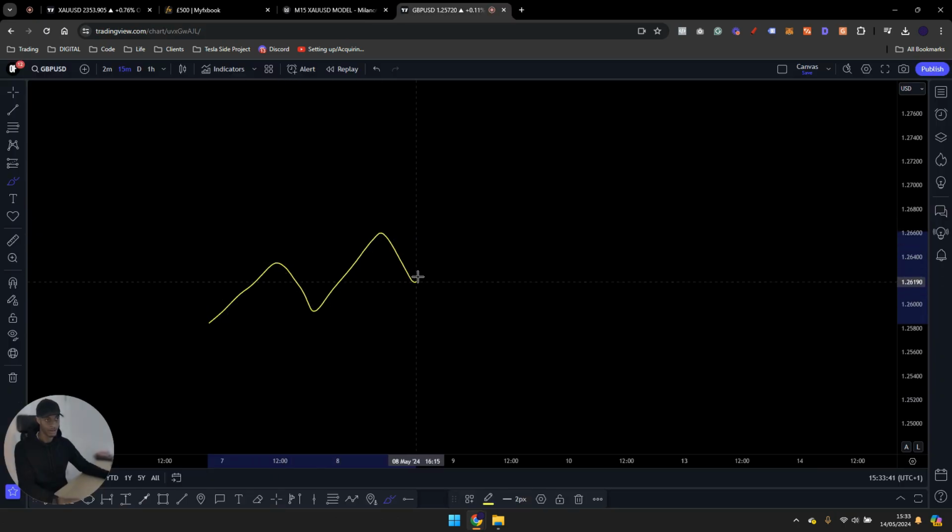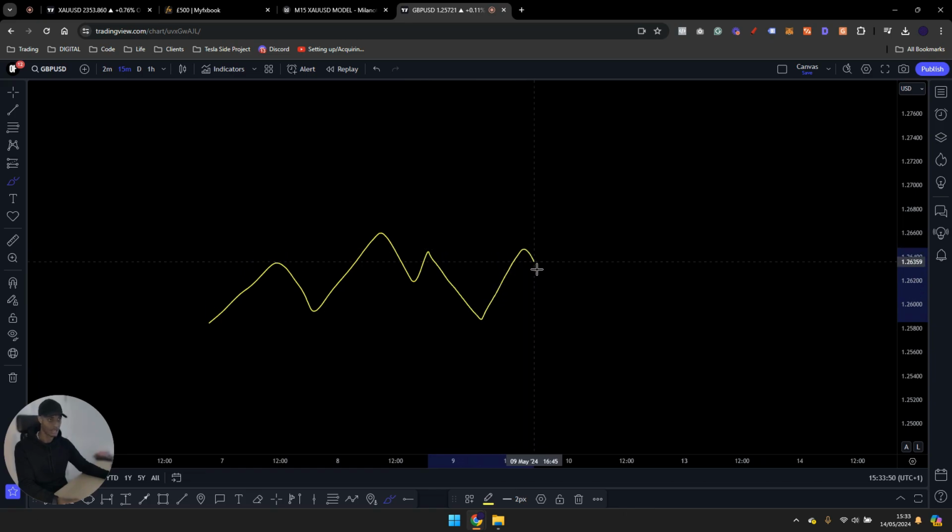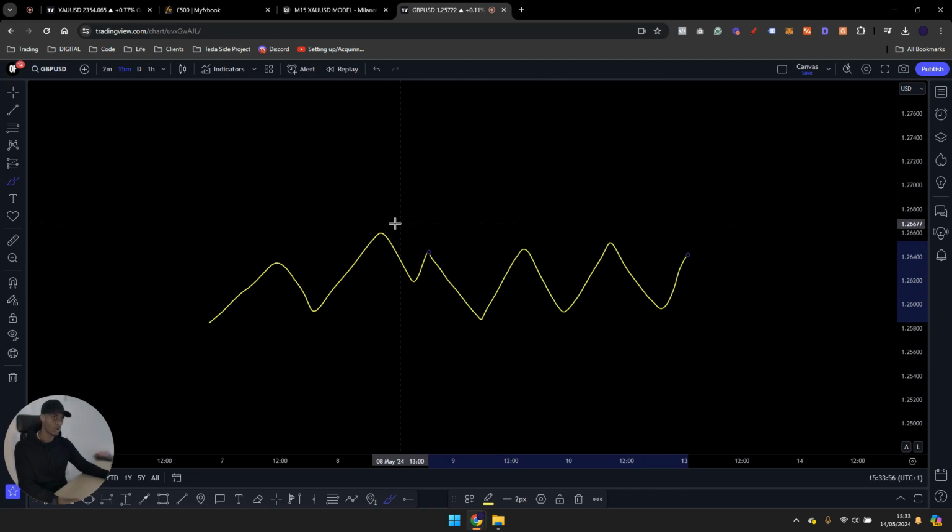Here and here, no new high was created. This signifies we are now in a sideways structure. Okay? That's what that signifies. When no new high or new low has been created, if we're in a bearish trend, but if we're in a bullish trend and no new high has been created, right, then we are in a sideways range.